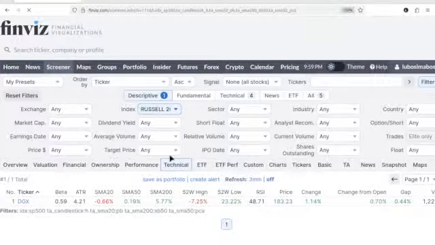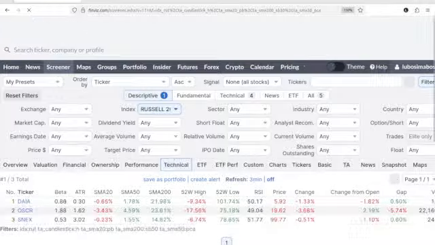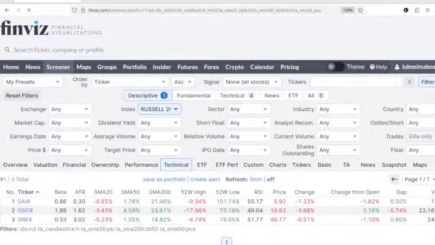So yesterday I found Nvidia, and I think Nvidia is still a good buy though.